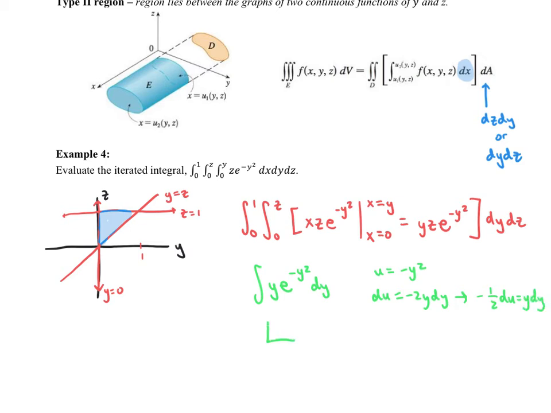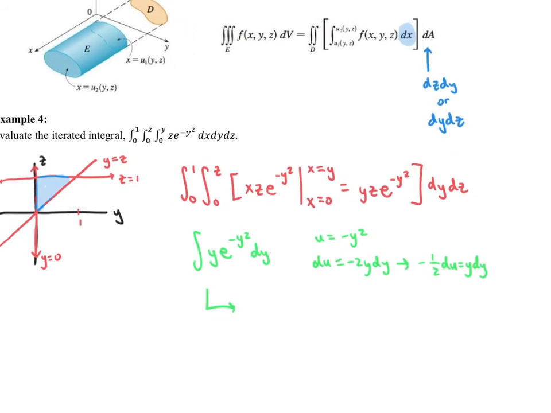Okay, so this u sub is negative 1/2 the integral of e to the u du, which is, of course, negative 1/2 e to the u. And then we'll convert that back in terms of y. So that gives us negative 1/2 e to the negative y squared. Okay, so again, don't forget that you have a z right here. I just was working on the u sub portion of it. So now we'll go back into the problem.